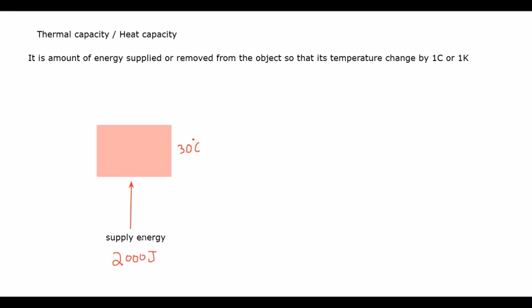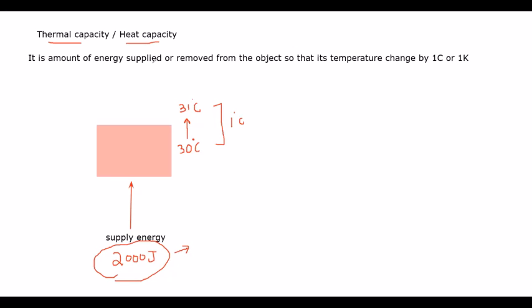So when you supply 2000 joules, what do you observe? You observe that the temperature of this object changes from 30 degrees centigrade to 31 degrees centigrade. So how much is the temperature change? That's 1 degree. So how much energy we supply so that the temperature of a substance changes by 1 degree, that energy which we supply, we call this energy as thermal capacity or heat capacity.